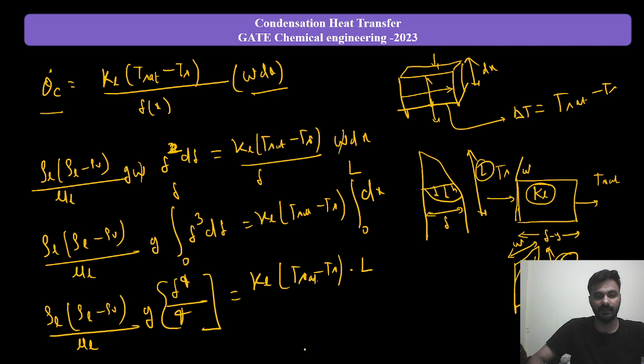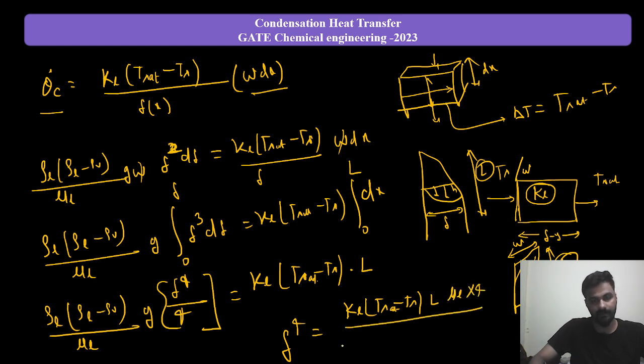If we want to calculate delta 4, that is delta 4 equal to KL into T saturation minus Ts into L into mu L into 4 divided by rho L into rho L minus rho V into G. And here I forgot to write one very important parameter, that is lambda. So G lambda, right? This is the formula of delta 4.